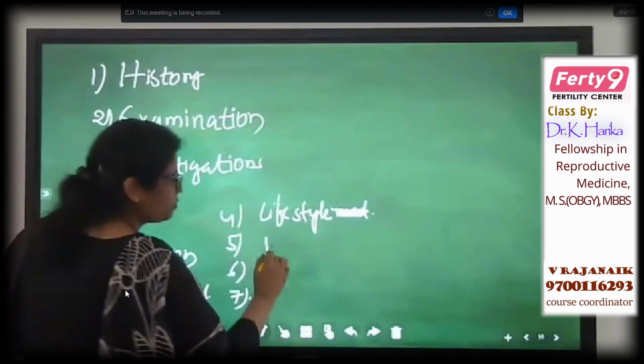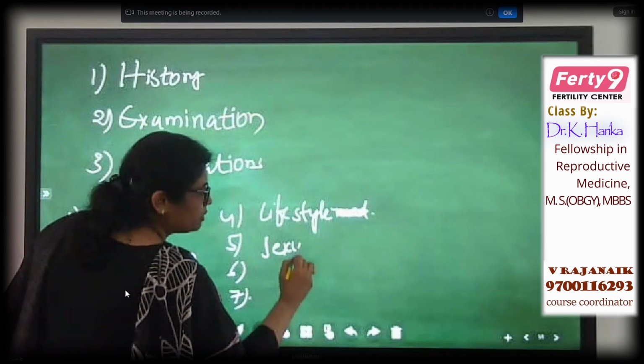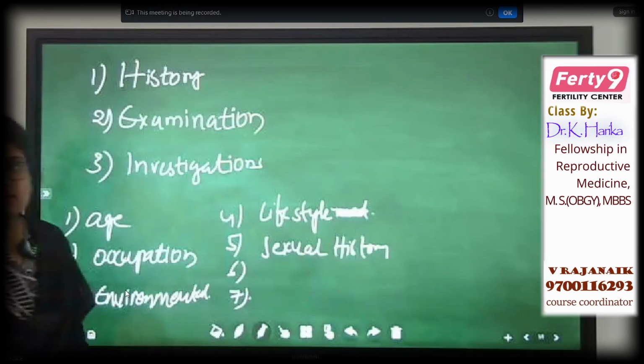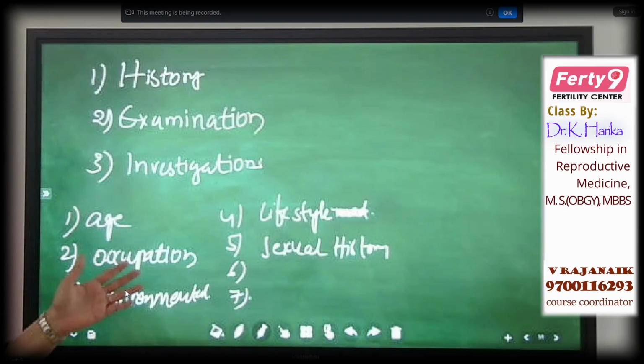Next, utmost important is sexual history, because most males don't reveal it in the first visit. Even if they have a problem with erection or ejaculation, he won't open up in the beginning. That's why eliciting the history in the first visit is utmost important.